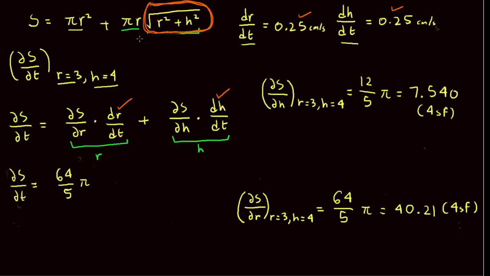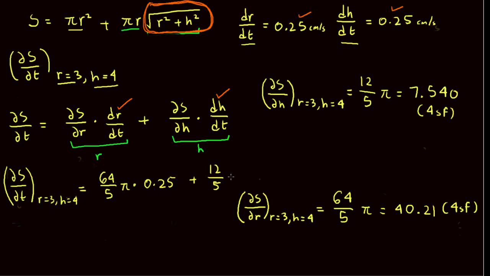Sorry, just to remind you, this is del S del T when R is 3 and H is 4. So just simply 64 over 5 pi, and we know we just times 0.25, plus 12 over 5 pi times 0.25.